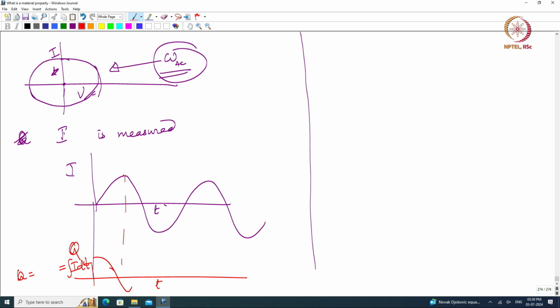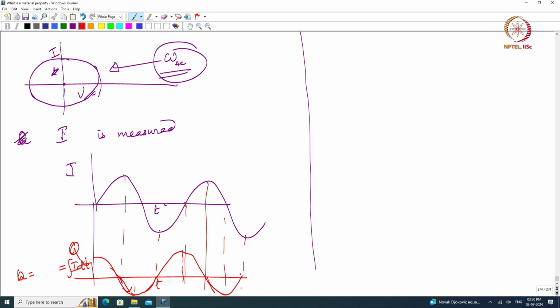This should be 0, this should be maximum, this should be 0, and maximum. So, this is going to be my charge versus time. This is how I measure charge.